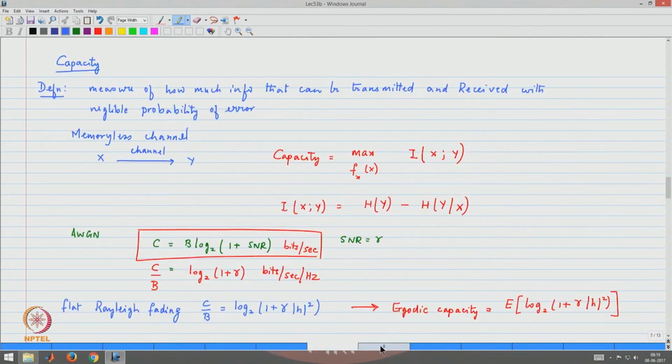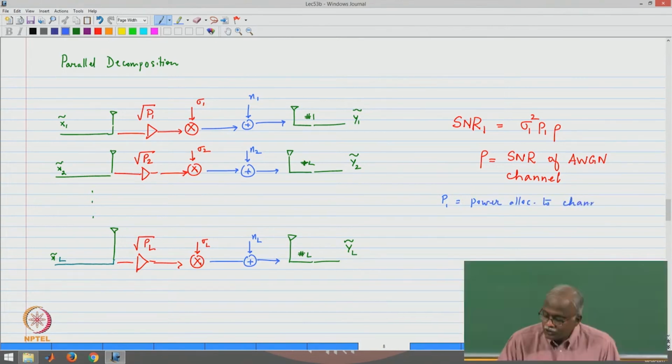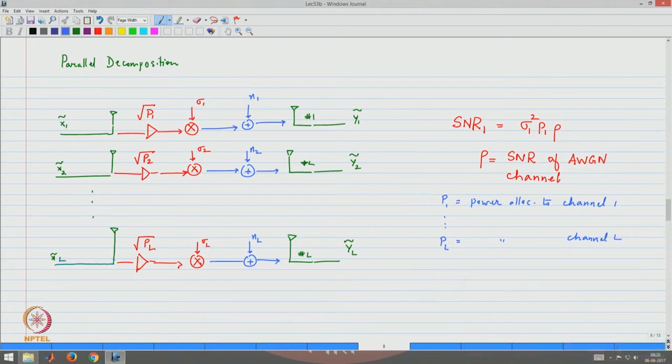Now, we would like to take it one step further, where we also allocate power to each of the L channels. So, we allocate power P1 to channel 1, P2 to channel 2, and so on, and then we have PL as the power allocated to channel L. Now, this is always done under a total power constraint.